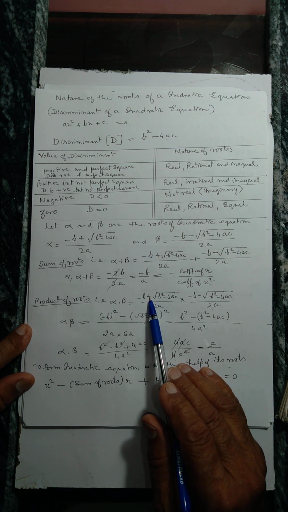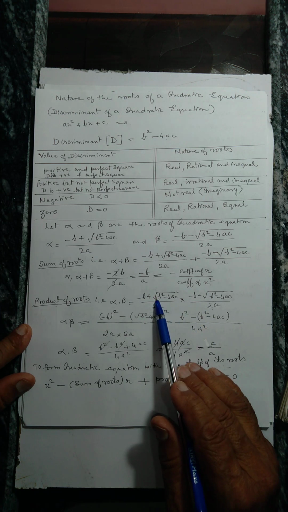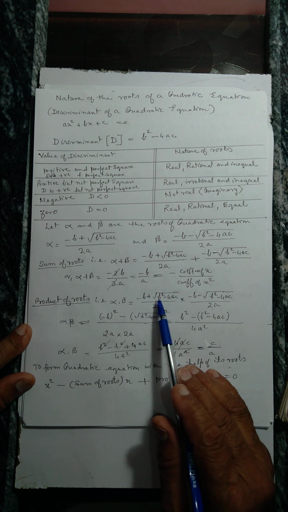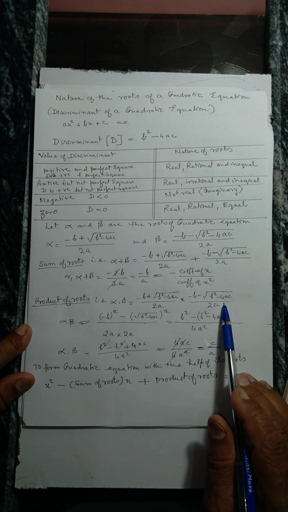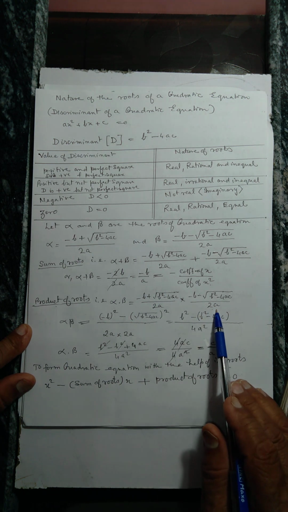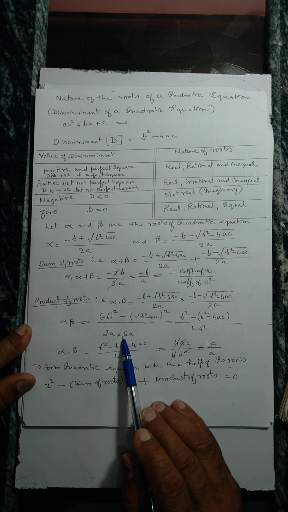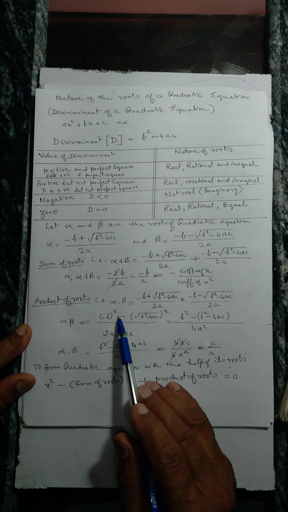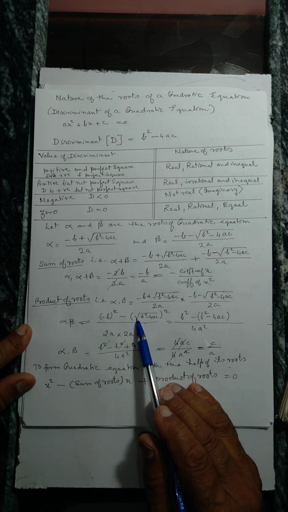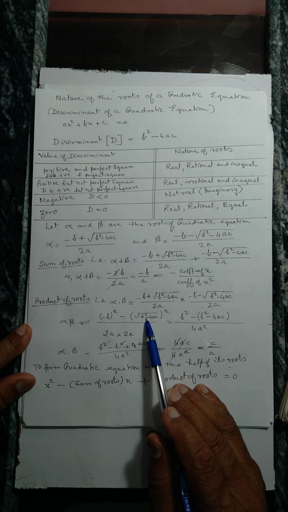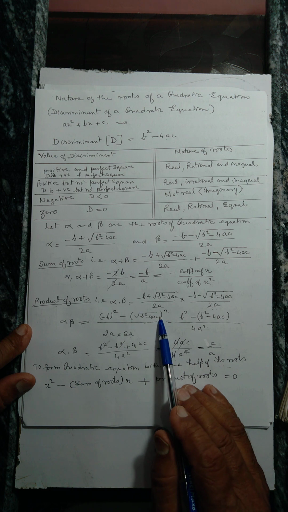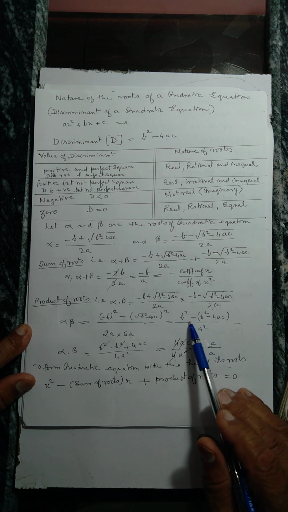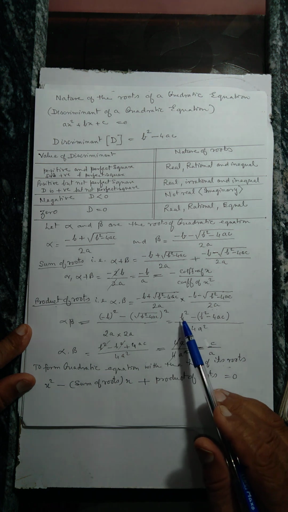Here it is plus, here it is minus. The root portion is also the same. So it is a plus b, a minus b, whole divided by 2a into 2a. So we will get 2a into 2a, and here minus b whole square minus root b square minus 4ac whole square. As soon as you make the square of it, the square root will be removed.